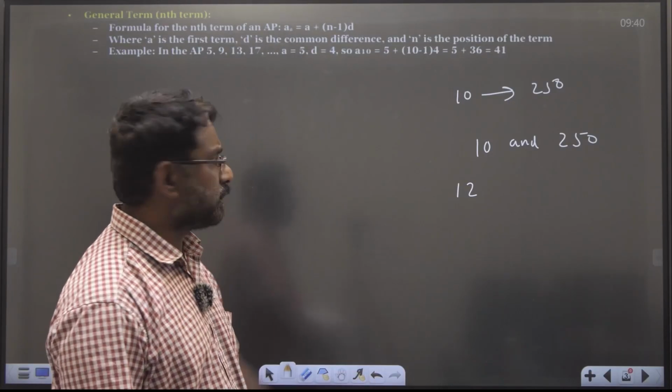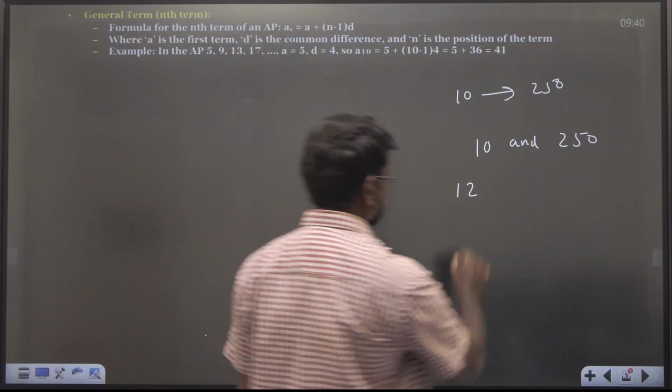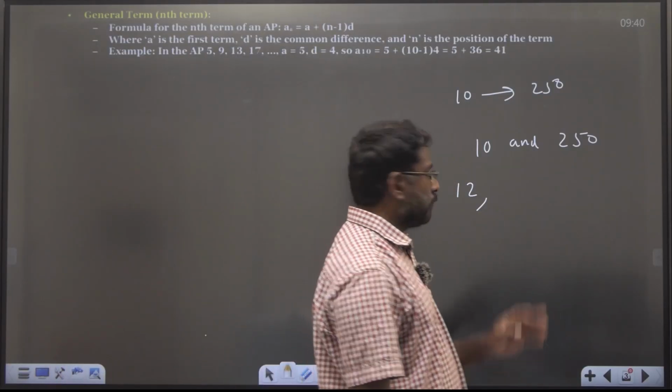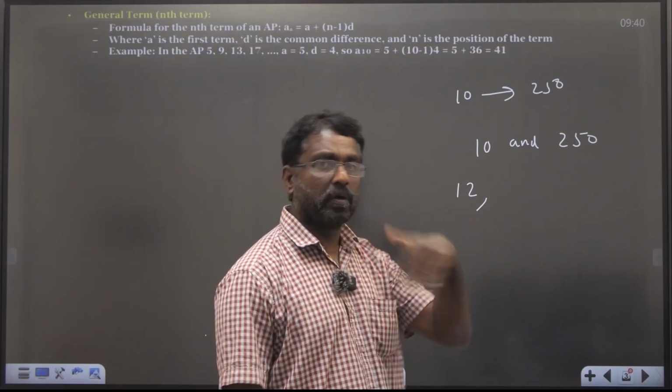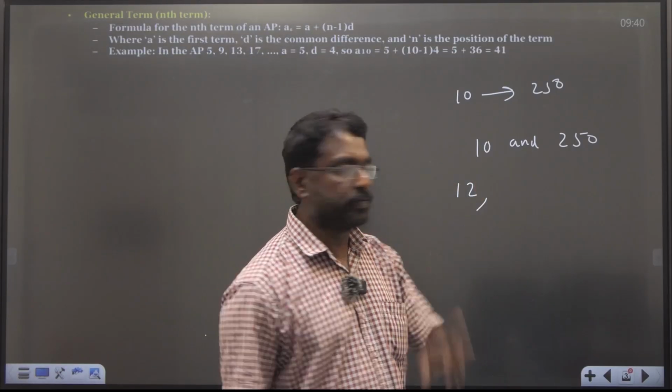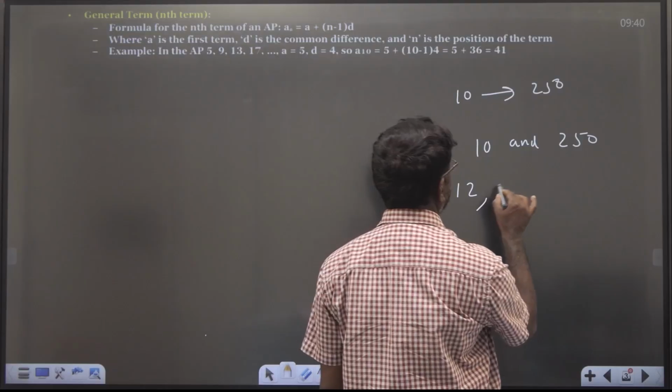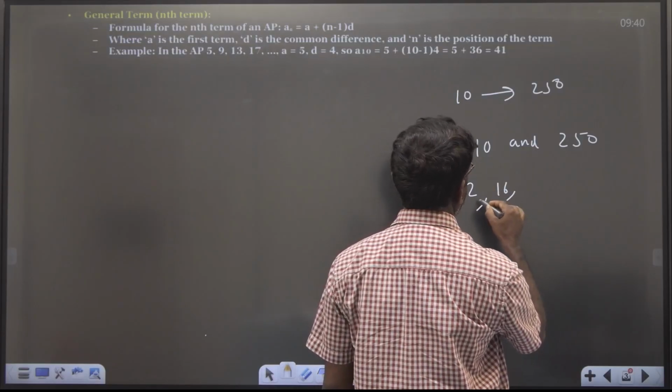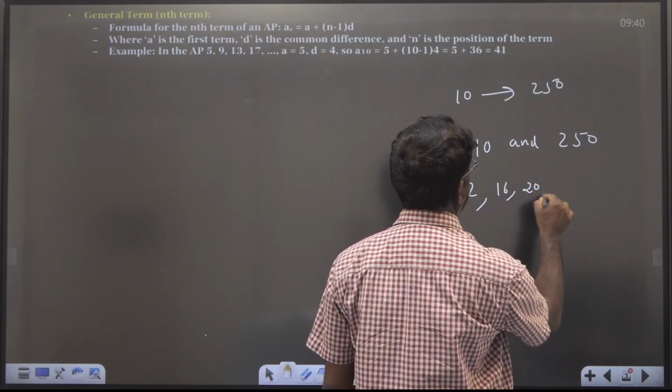That is 12. Multiple of 4, or divisible by 4, means the common difference is 4. So 12, 12 plus 4 is 16, 20, and so on.